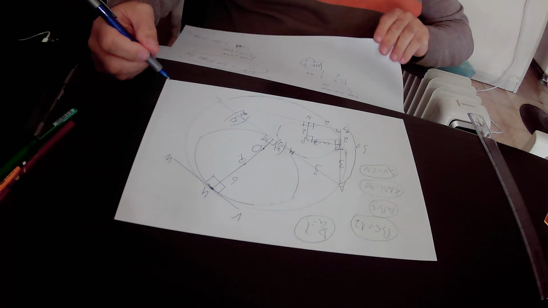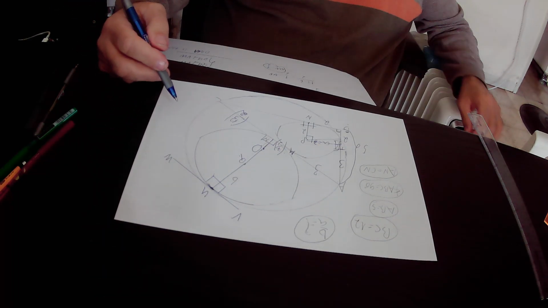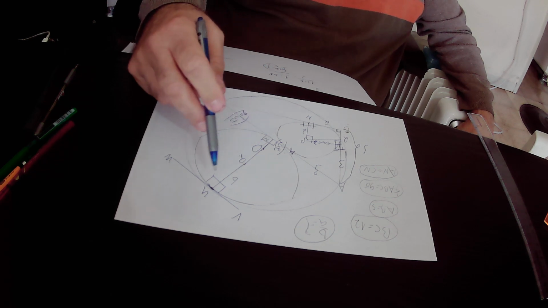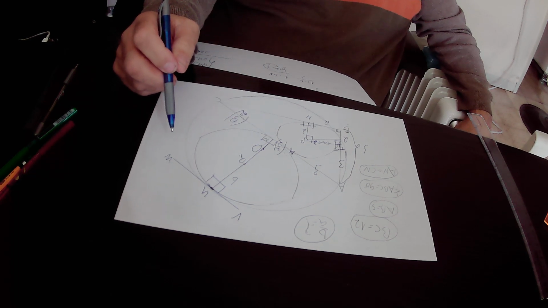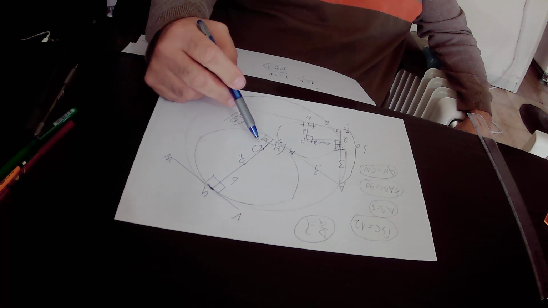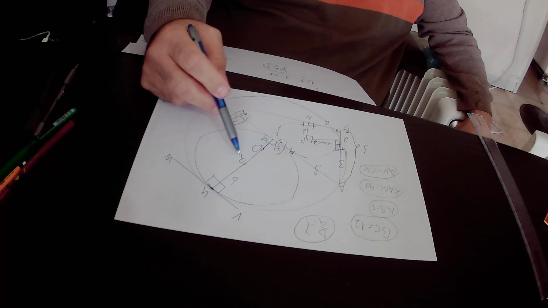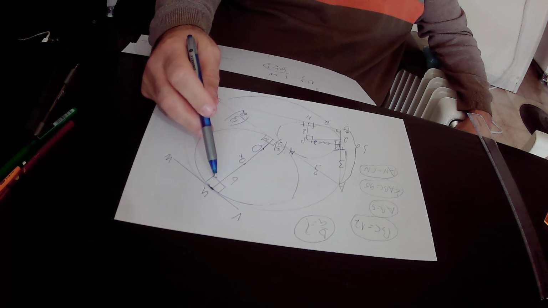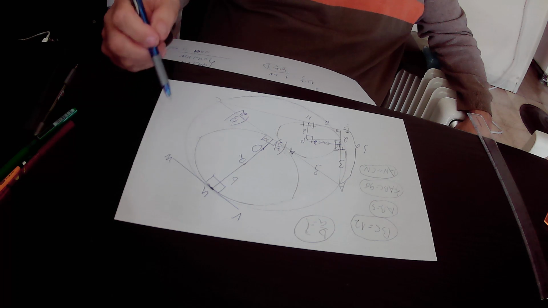Why? Because if O, Q, and U are not located on the same straight line, then either OU will not be perpendicular to VW, or QU will not be perpendicular to VW.